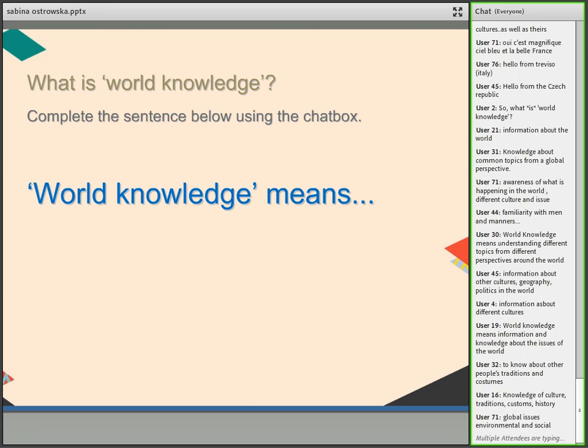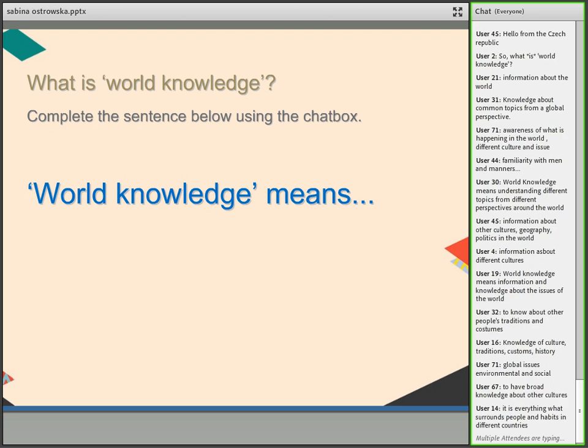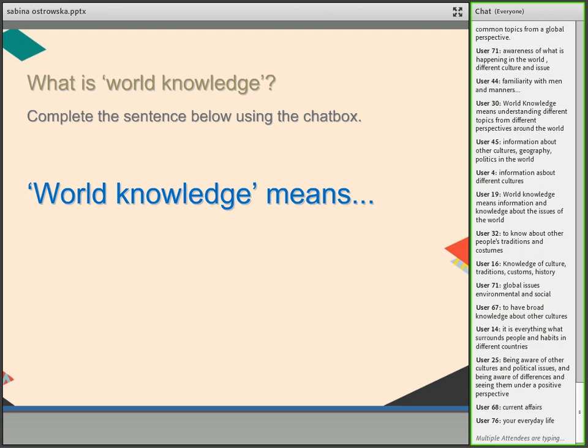Information about other cultures, geography, politics in the world. Exactly, we'll go into this detail more when we talk about reading skills. Issues of the world, know about people's traditions and customs, knowledge of cultures, customs, so global issues.